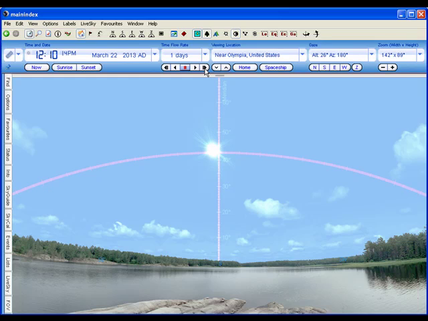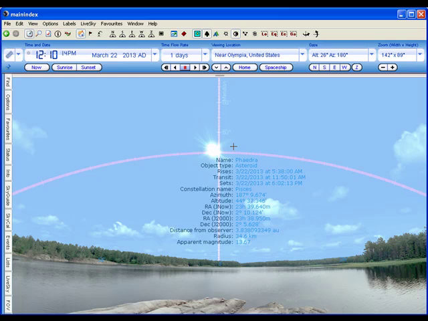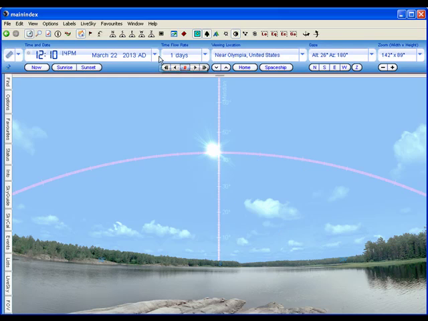This is the beginning of spring. And on the beginning of spring, what you'll notice is that the sun lies directly on the celestial equator. Okay, if we continue to advance, this is the first day of spring. That's called the vernal equinox.